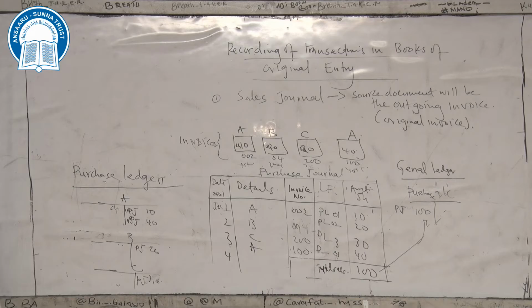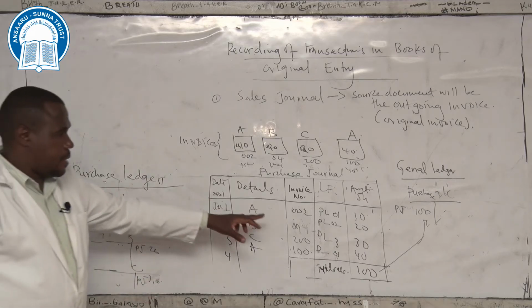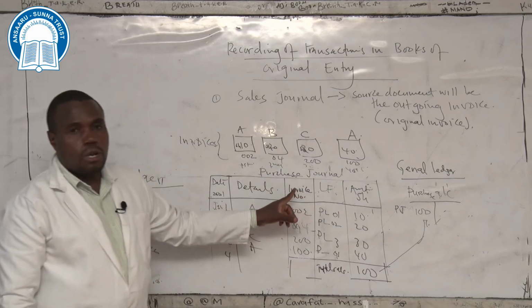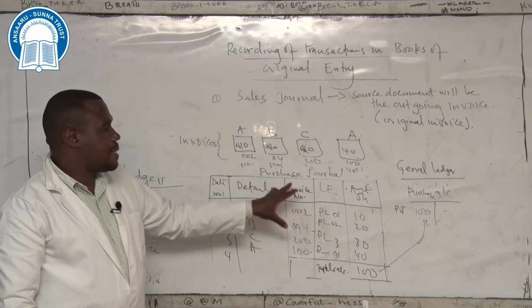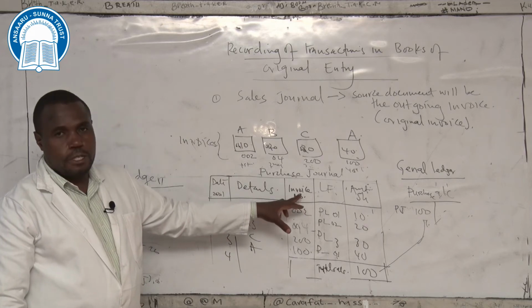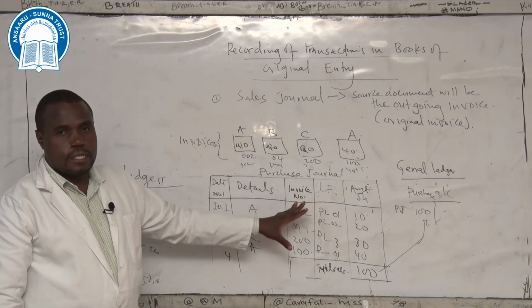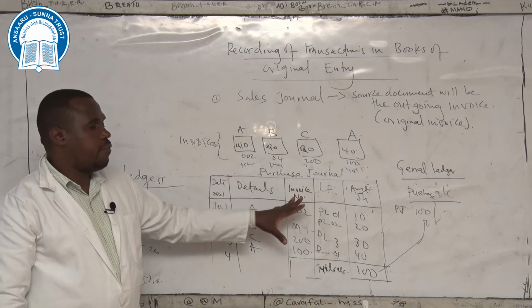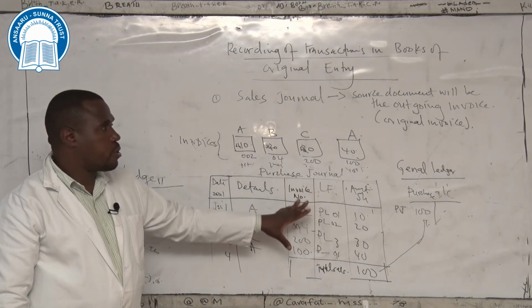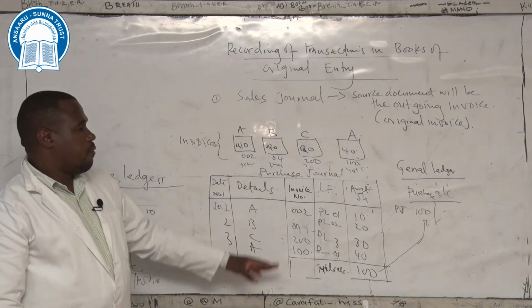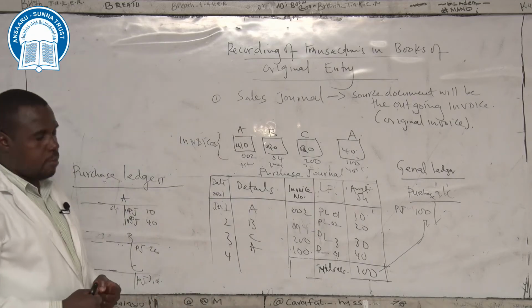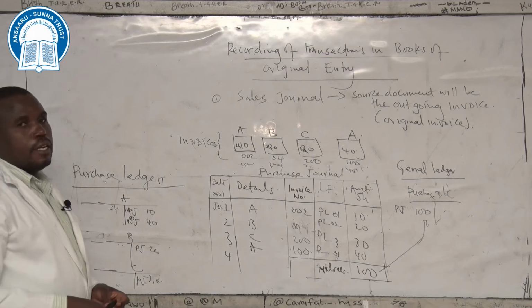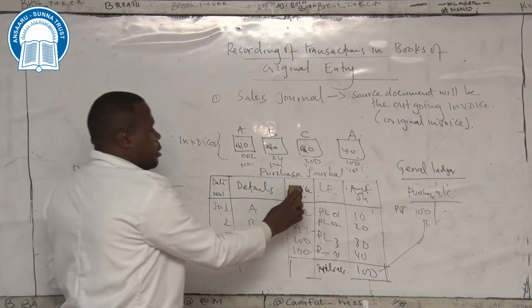The most important thing that you have to put in mind is the column for the source document. It is this information here that differentiates the different types of books of original entry. For example, if maybe we talk about returns, when goods are being returned, this column here will change.